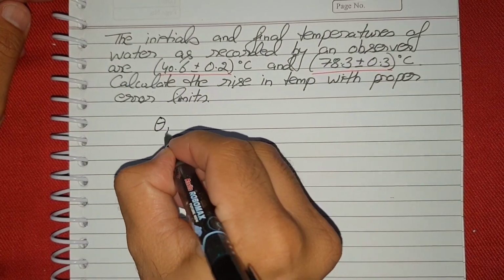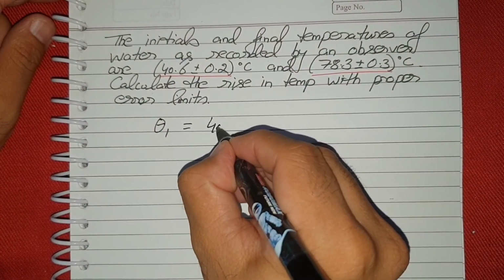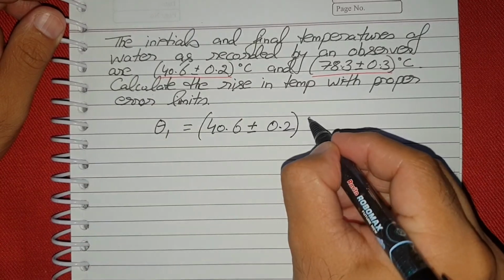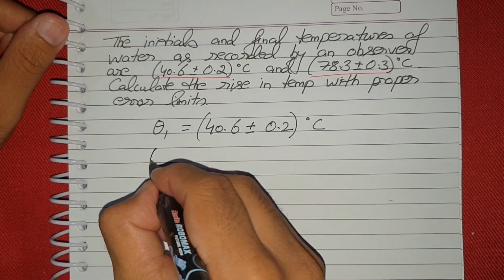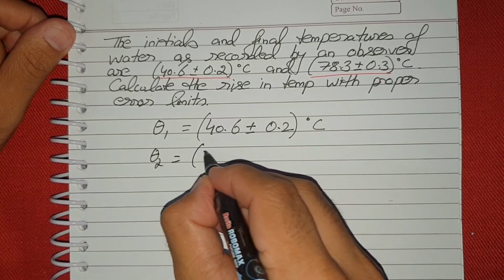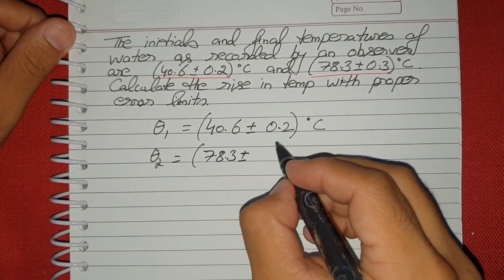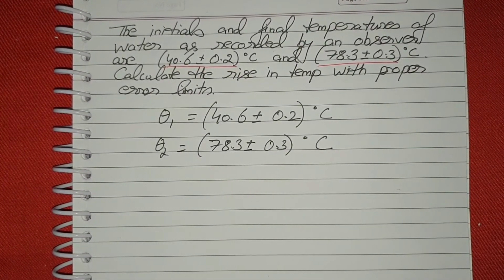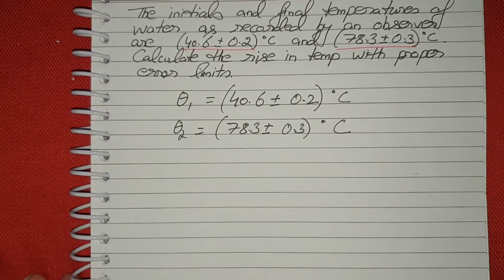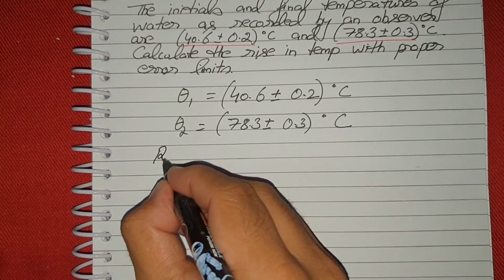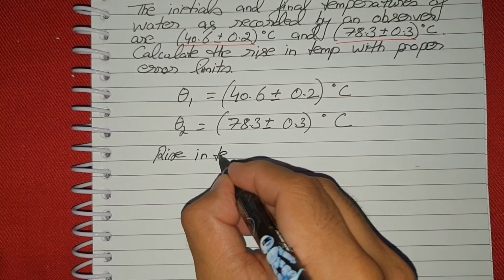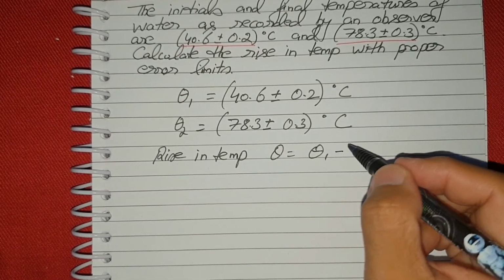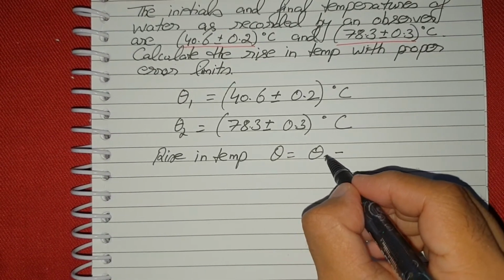So theta 1 is 40.6 plus minus 0.2 degrees Celsius, and theta 2 is 78.3 plus minus 0.3 degrees Celsius. Now they are saying rise in temperature. The rise in temperature is basically the difference, so the rise in temperature is given as theta 2 minus theta 1.